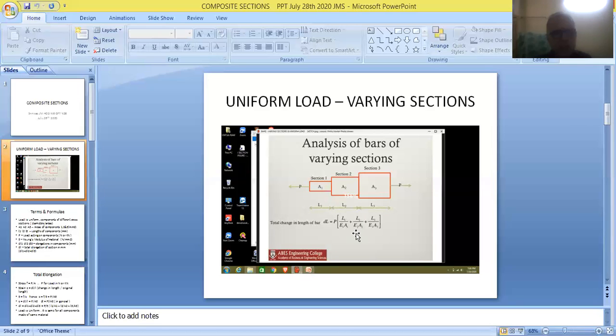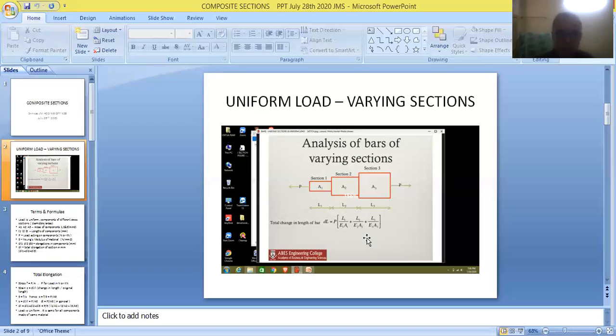Then what happens? The E value will be one and the same for all these components. E1 will be equivalent to E2, which will be equivalent to E3. So it has to be removed from this bracket, and it can be written as P by E into L1 by A1 plus L2 by A2 plus L3 by A3, in that particular fashion.